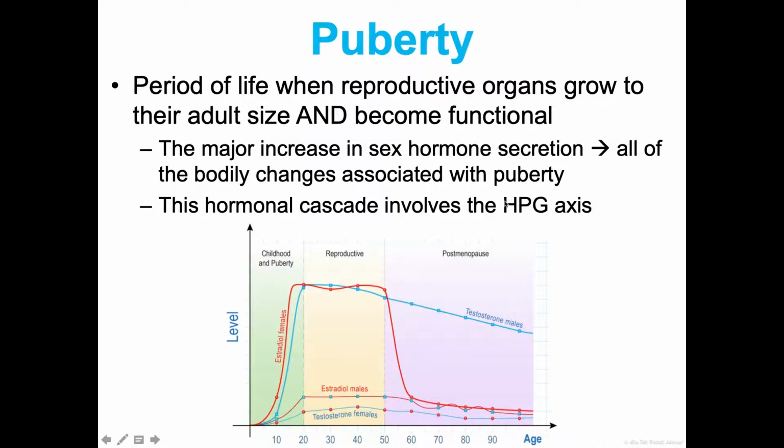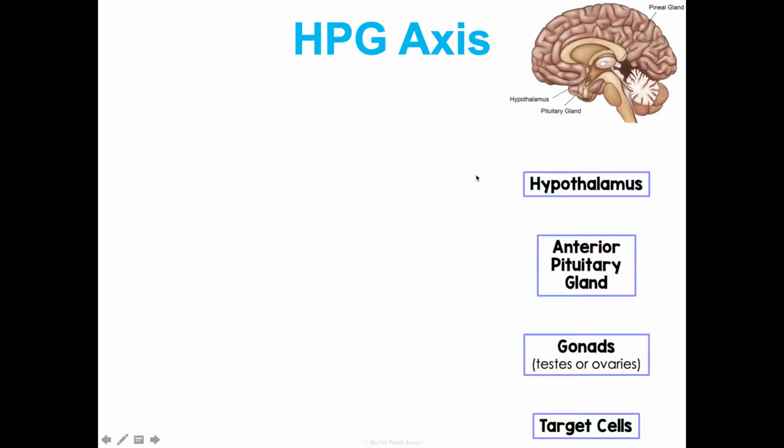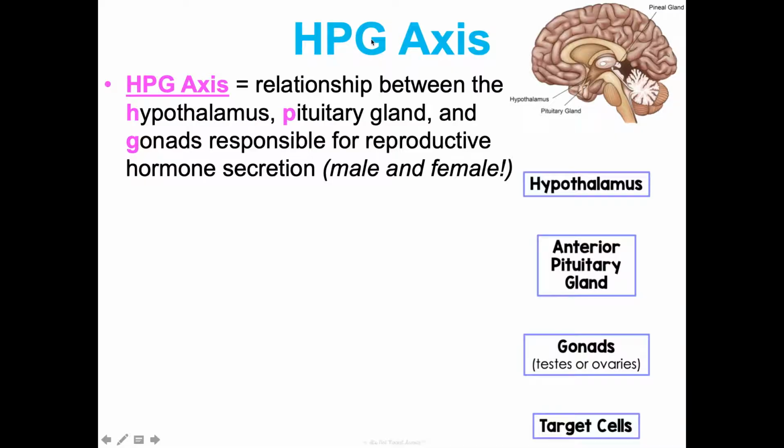But let's talk about this HPG axis. HPG stands for hypothalamus, pituitary gland, and G for gonads. So this is a relationship between those three structures, and it's responsible for the reproductive hormone secretion in both males and females. And that's dictating all of these changes that are happening around puberty and just the reproductive process in general.